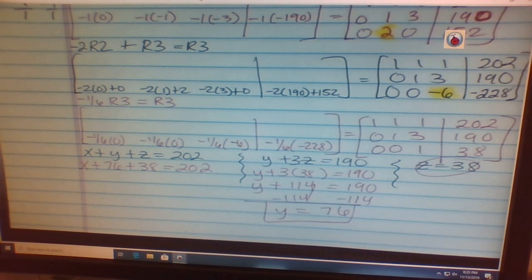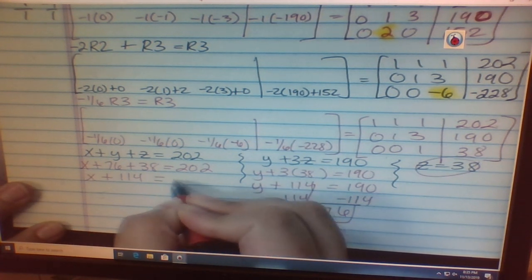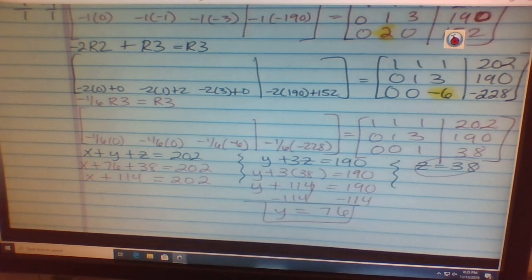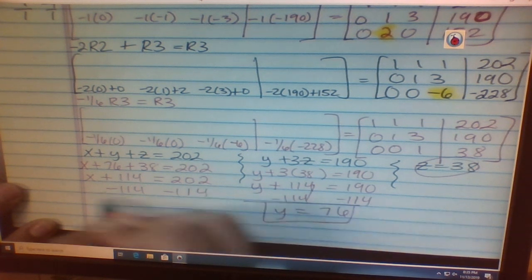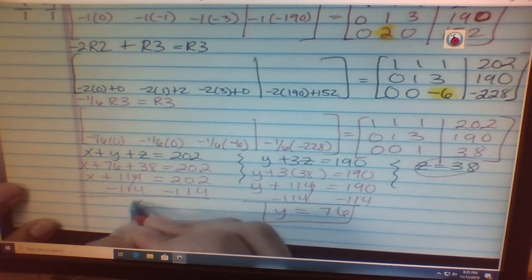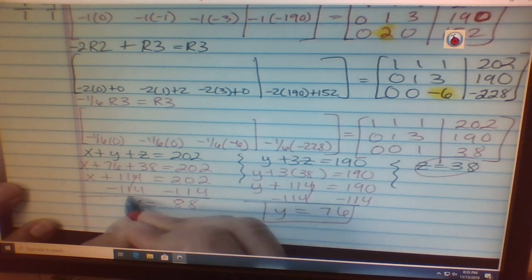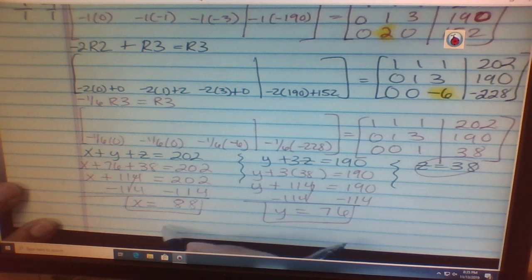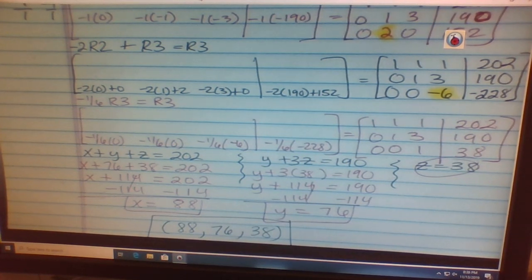What is 76 plus 38? 114. So weird, but it is. What do we do? Subtract 114, and 202 minus 114 tells me it's 88. So my answer: 88, 76, 38. Coffee, energy drink, and soda.